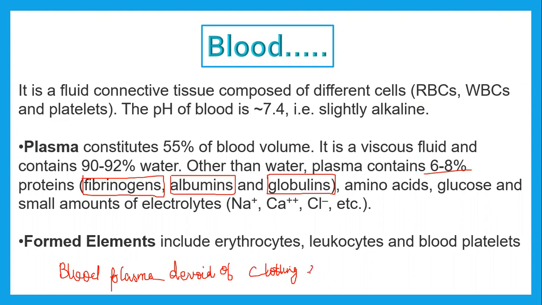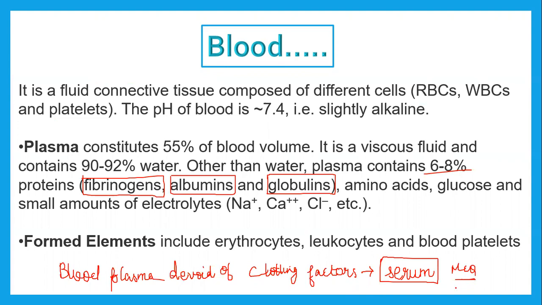Blood plasma devoid of fibrinogen, because fibrinogen is a clotting protein. So blood plasma devoid of fibrinogen or devoid of clotting factor, you will call that part of the blood plasma as serum, which is very, very important and a repeated MCQ question for AIPMT.